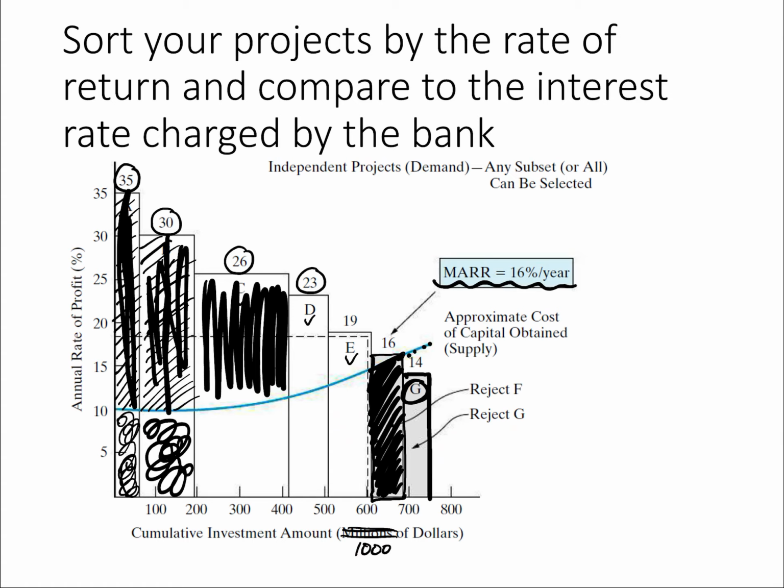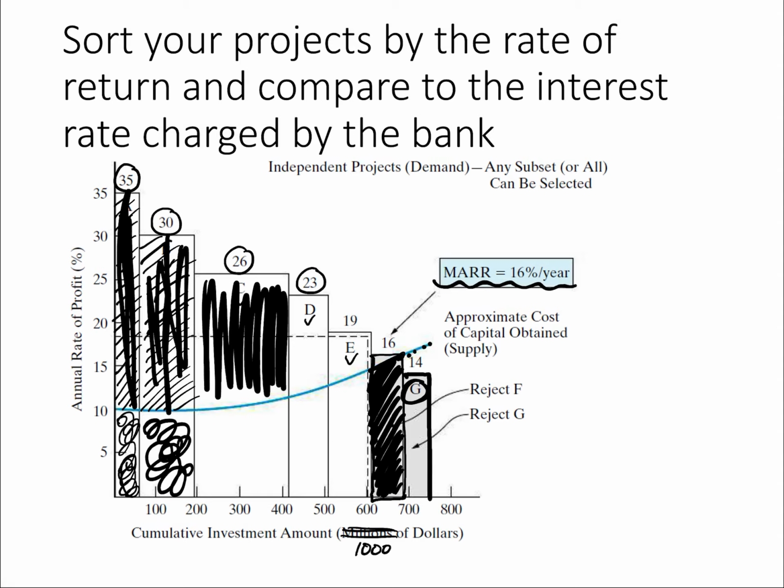The takeaway is that the MARR is a bottom line, and you want to use it as the interest rate to convert the cash flow, but you want to know that it's the lowest interest rate you can accept.